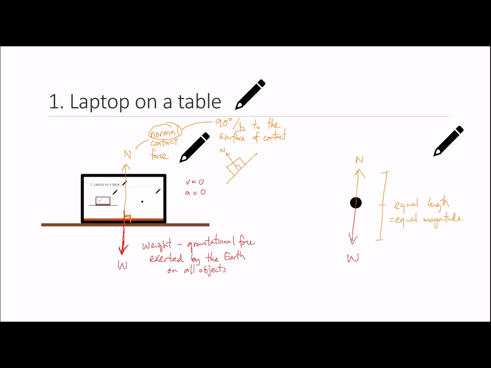And they have to be equal because they're in opposite directions, and the only way to cancel each other out is for them to be equal in magnitude. So that's it. That's the free body diagram of a laptop on the table. Let's move on to the next example.